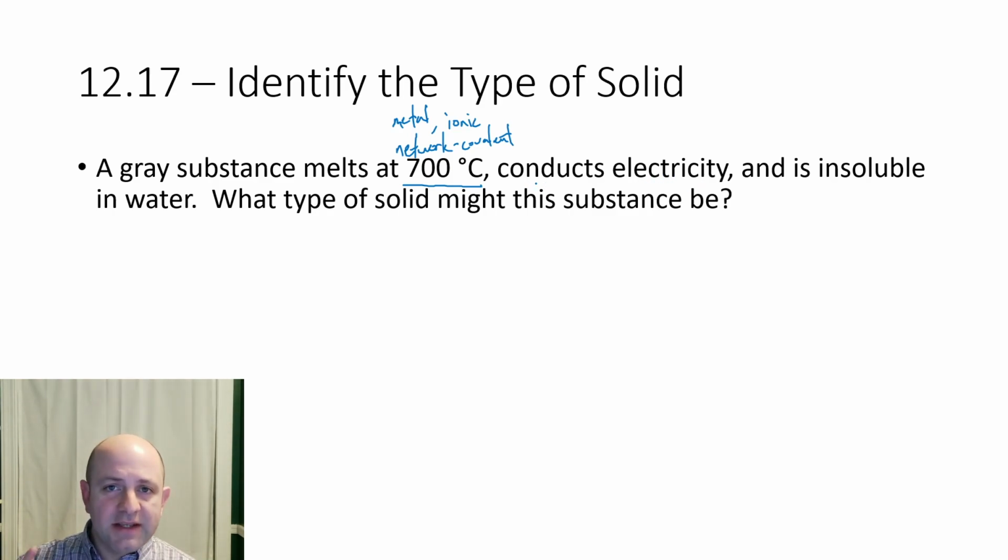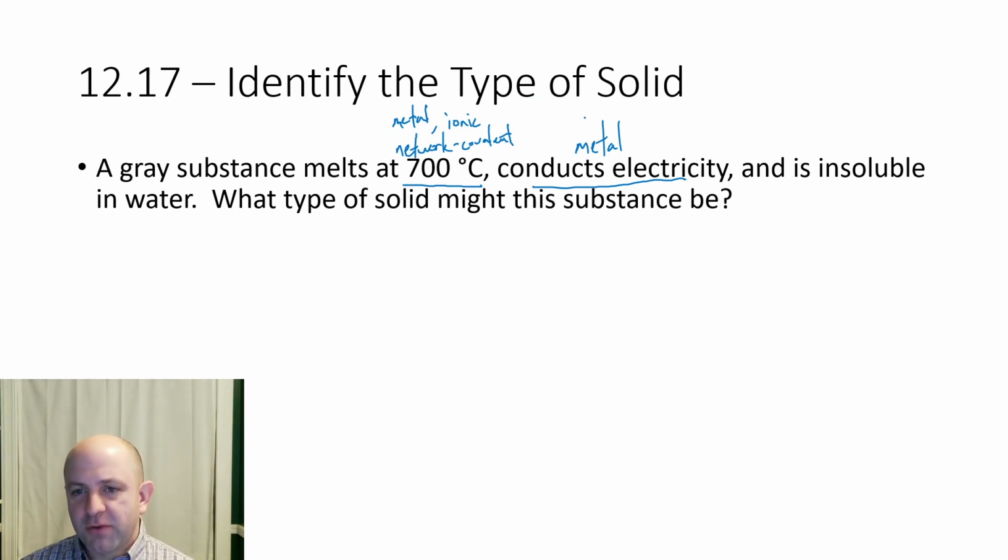Now, there is a second one that you have to watch out for. Sometimes it'll say it conducts electricity, and sometimes it'll say it conducts electricity in water when it dissolves. This one's just conducts electricity, and really that one right there is just metals. There are a few other solid types that conduct electricity, some very rare covalent ones like graphite or graphene.